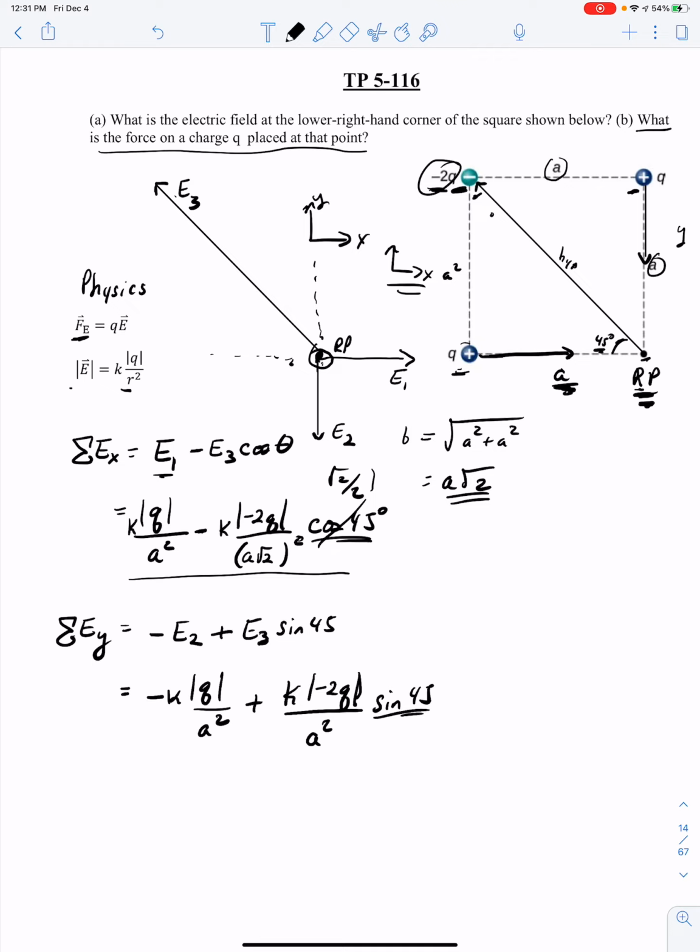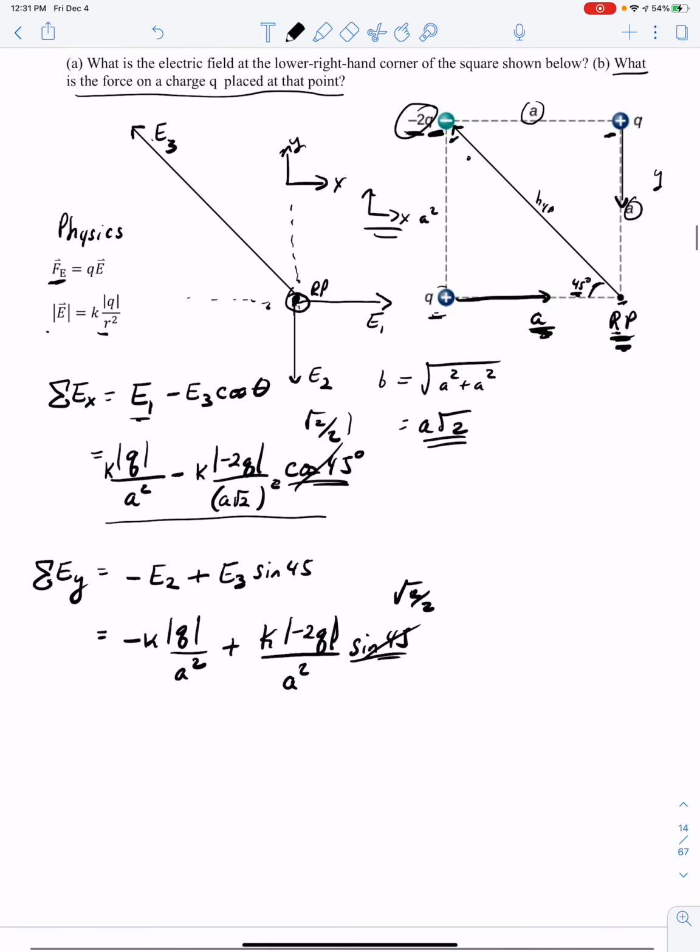Okay, all right. Now you can simplify this as much as you can, and you have square root of 2 over 2.